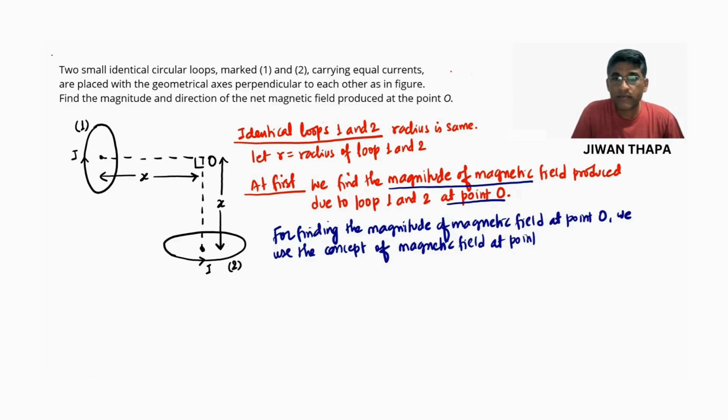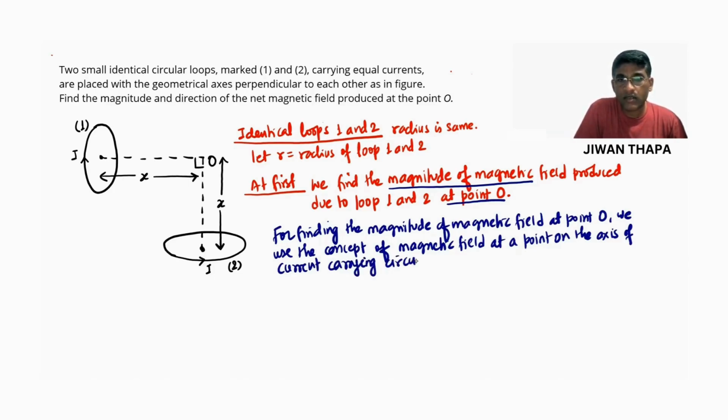So I'm writing in this way. We use the concept of magnetic field at a point on the axis of current carrying circular coil. So we have this.